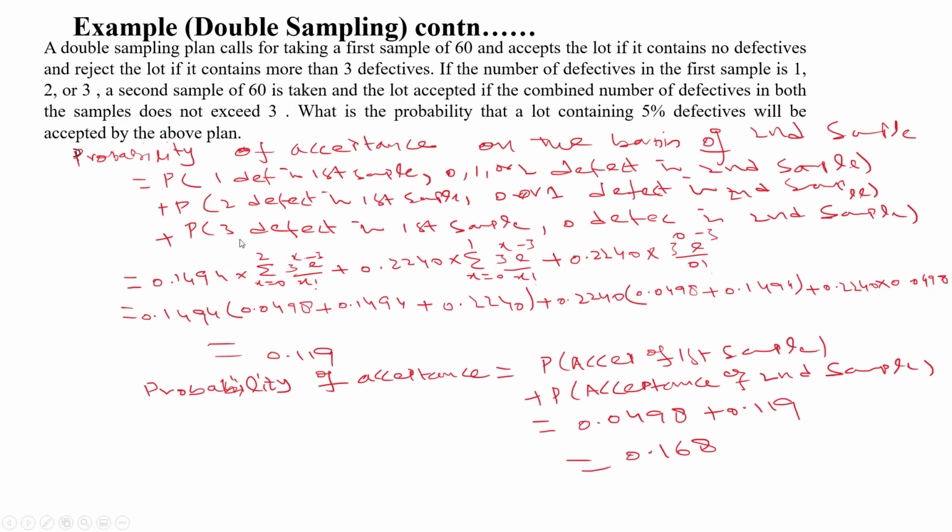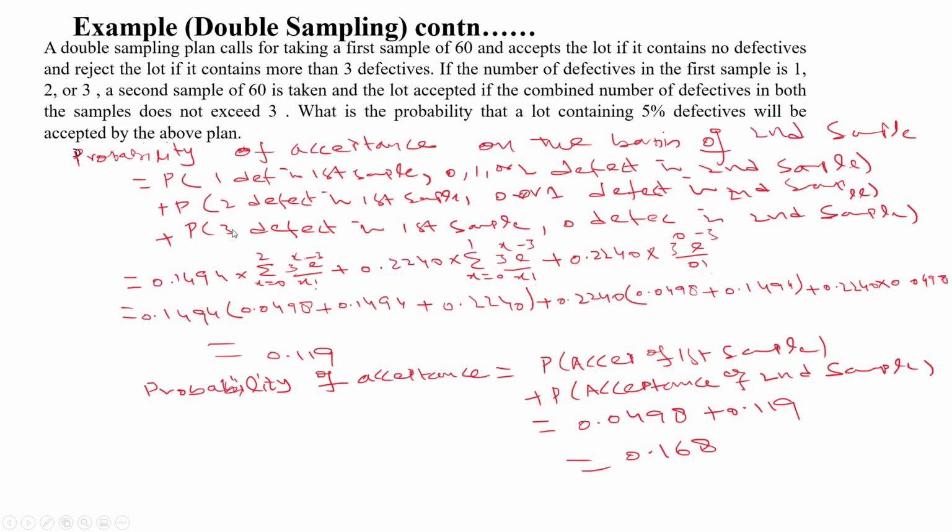Or maybe all 3 defective are found in the first sample and there is no defective in the second sample. So this is the only 1 chance, but in the other cases there are 2 to 3 chances. Maybe there will be 2 defective in the first, or 0 defective in the second, or 1 defective in the second, or maybe there is 1 defective in the first and 0, 1, or 2 defective in the second.